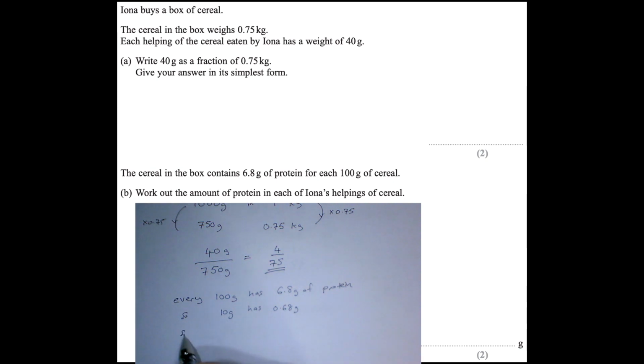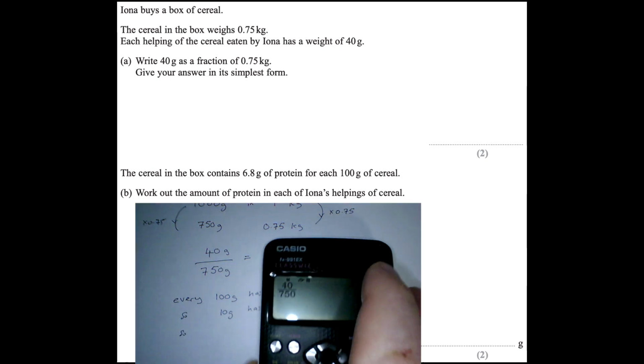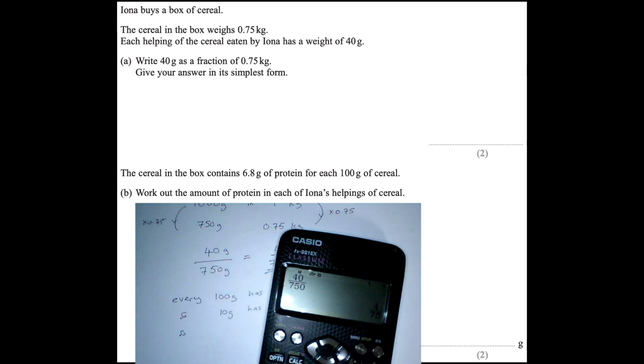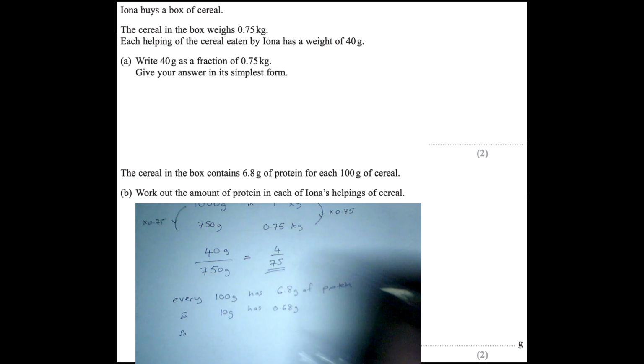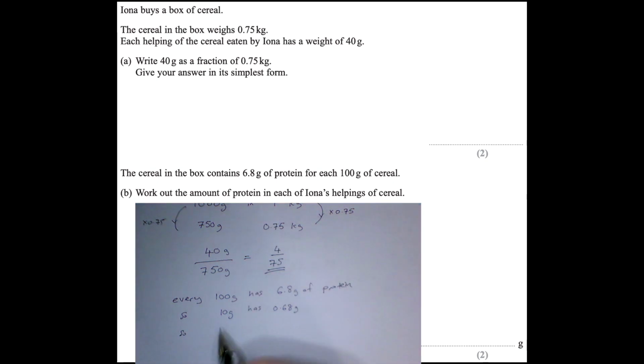So what I've done is, if you can see, I've divided by 10 because 100 grams becomes 10 grams if I divide by 10. So for every 10 grams of cereal, she's got 0.68 grams of protein. But of course she's got 40 grams in her breakfast, so now I'm going to multiply it by 4.